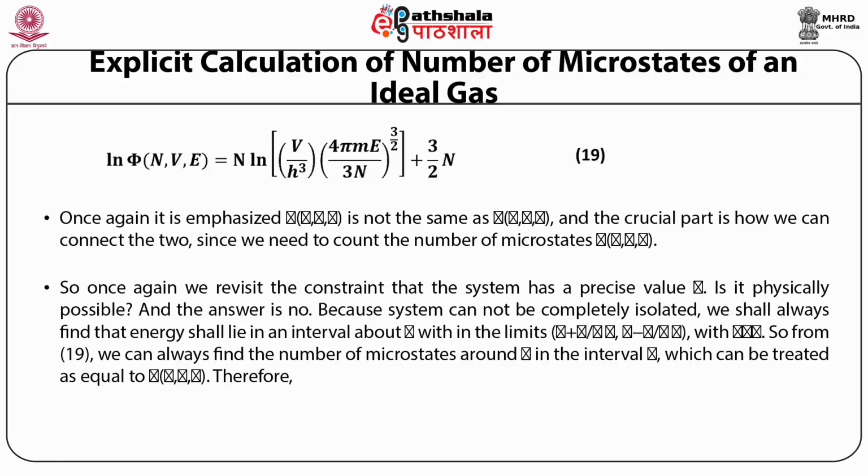We shall always find that energy lies in an interval about E within the limits E plus half delta and E minus half delta, with delta very much less than E. So from 19, we can always find the number of microstates around E in the interval delta, which can be treated as equal to omega as a function of n, V and E, the number of microstates.